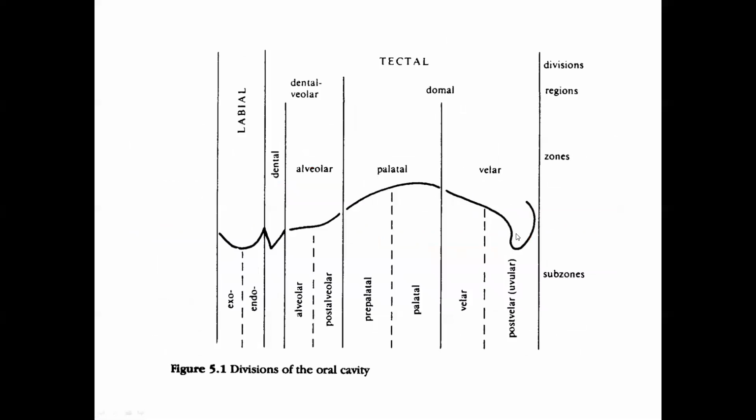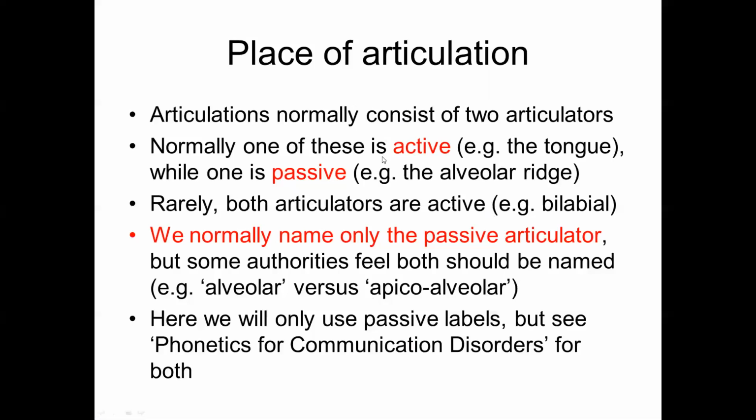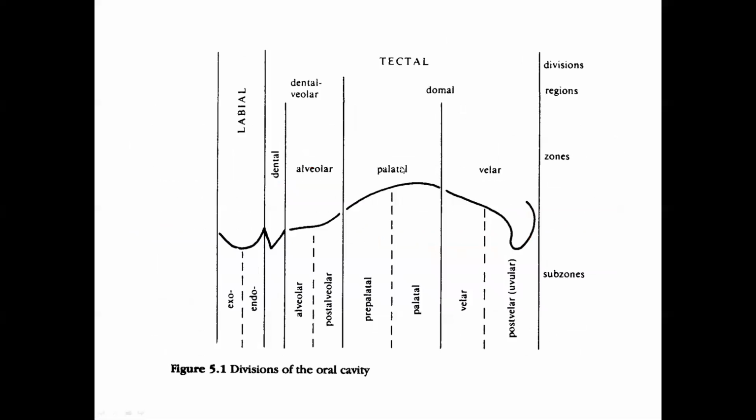This is why I just generalize and say the roof of the mouth. We also have an active articulator, our tongue, that's moving all around our mouth the whole time. But mostly we name somewhere along this area. For the most part, there's a few other areas that aren't seen here, like epiglottal, but we don't have an epiglottal sound in English, so we're mostly going to focus on these areas.